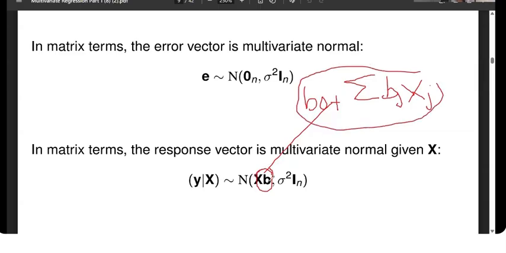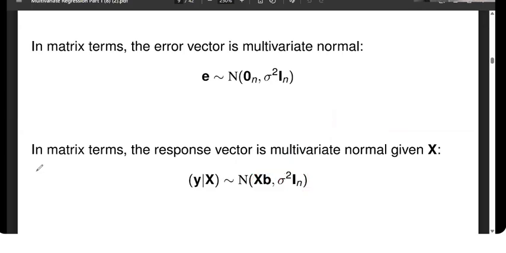This is the matrix form of that, and the sigma squared. You remember I said that the other time? So this is just having the assumptions reproduced when the model specification is in matrix form.